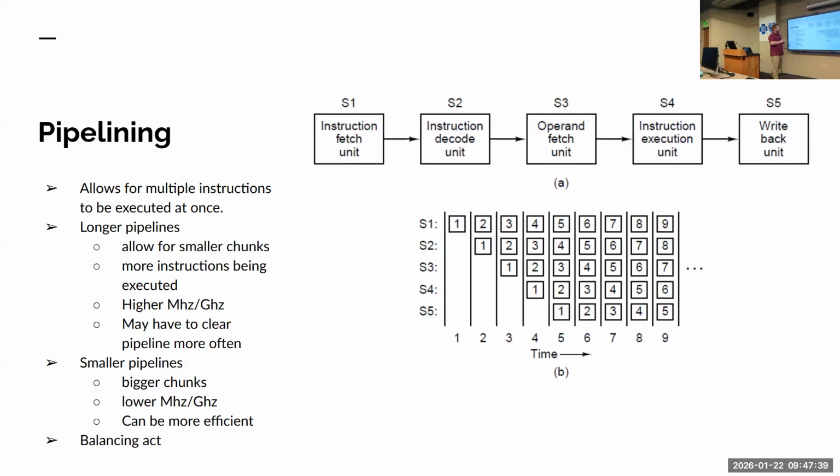Because what happened was Intel made this pipeline really big so that they can get a lot more instructions going at once, which allowed them to increase the speed. But what that meant was when they were wrong, there were a lot more instructions they had to throw out. And so AMD kept theirs shorter, which meant their speed had to be slower, but if they made a mistake, there wasn't as much to throw out.